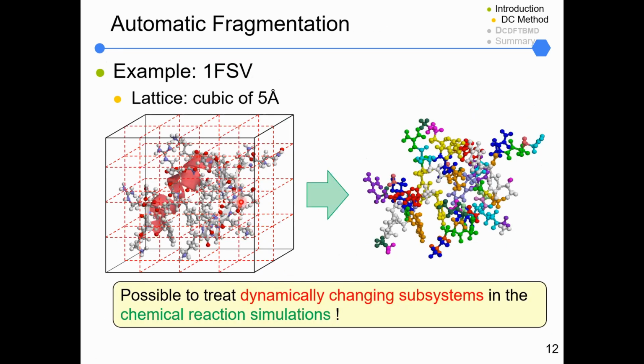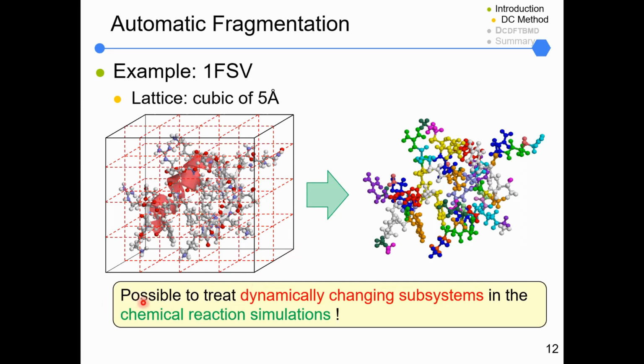So thanks to adopting the buffer region, the divide and conquer method can break any types of chemical bonds, from weak bonds to single, double, triple, and conjugate bonds, as well as metallic bonds. Then we made an automatic fragmentation option in GAMESS. Therefore, the users need not care about the fragmentations.